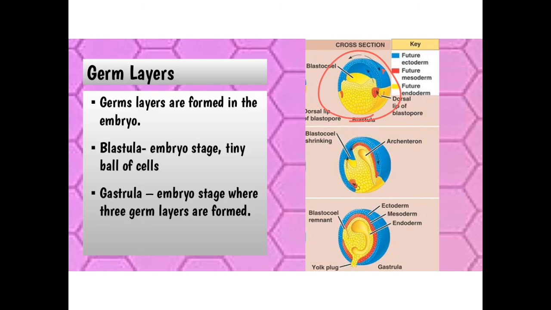So the blue is ectoderm, the yellow is endoderm, and the red is mesoderm. And once the embryo develops, it becomes a gastrula, which is the embryonic stage where the three germ layers are totally formed. So we can see that down here. So the blue, the red, the yellow are those three germ layers: ectoderm, mesoderm, and endoderm.